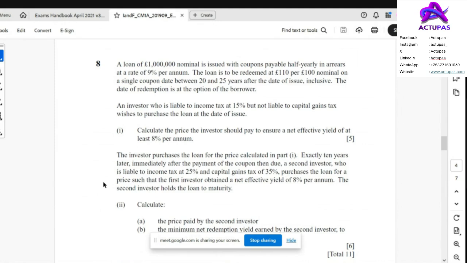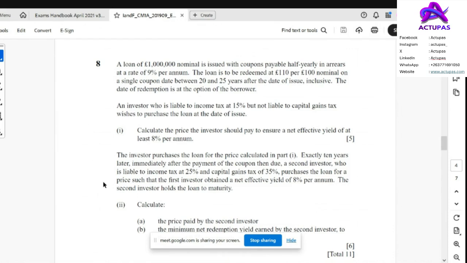The second investor holds the loan to maturity. Calculate the price paid by the second investor.